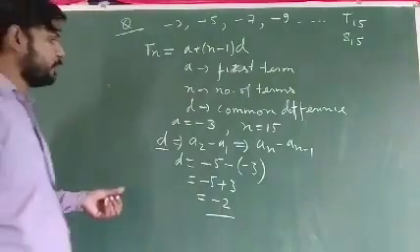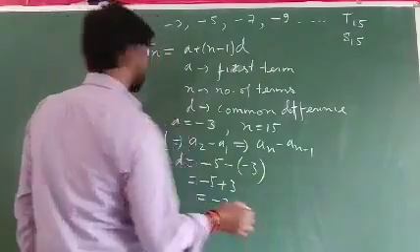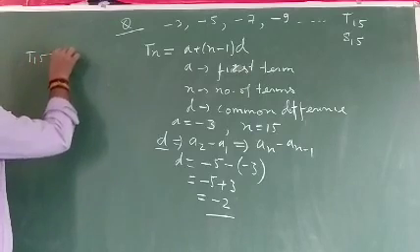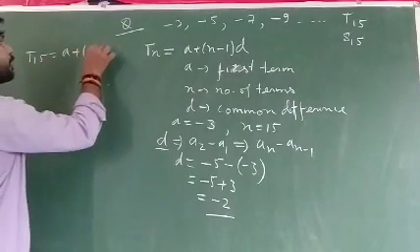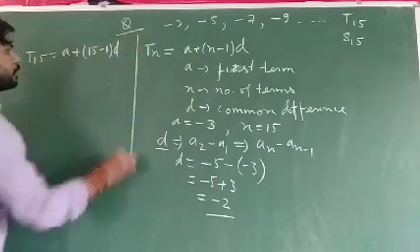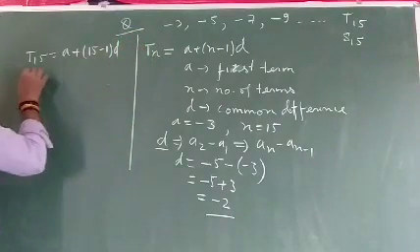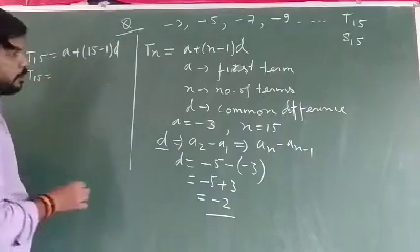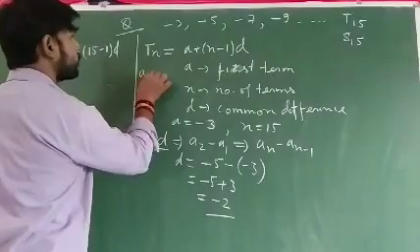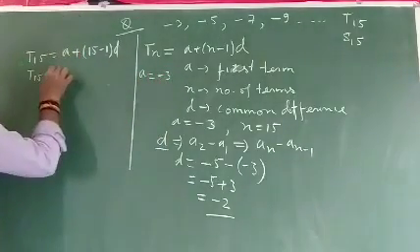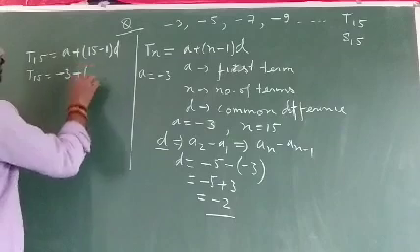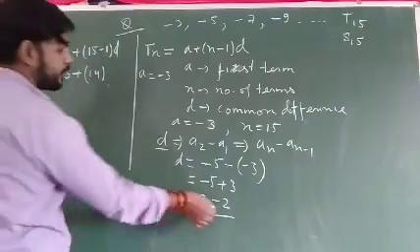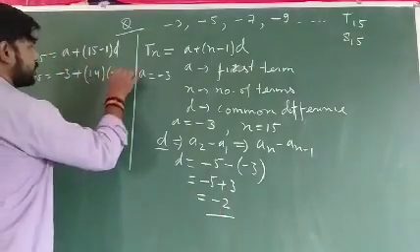To find the 15th term, we need T15, which means a plus 15 minus 1 into d. For this T15 we put the value of a as -3, plus 15 minus 1 which is 14, and the value of d we have calculated is -2.